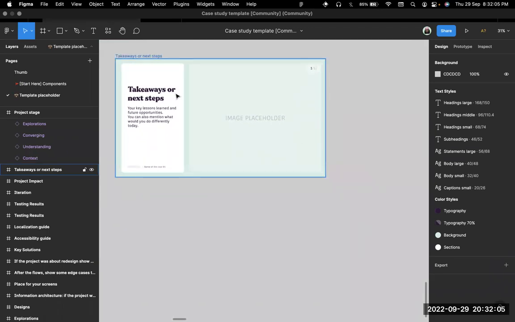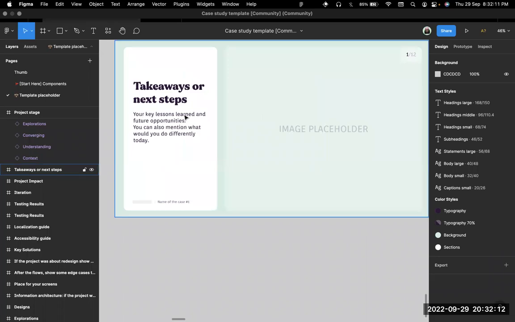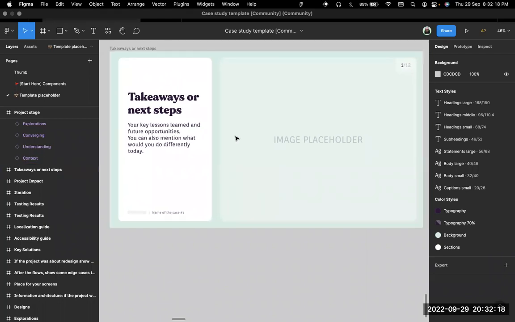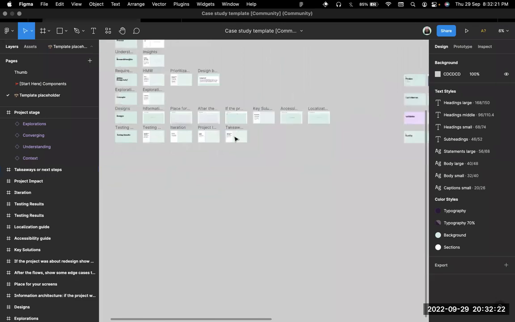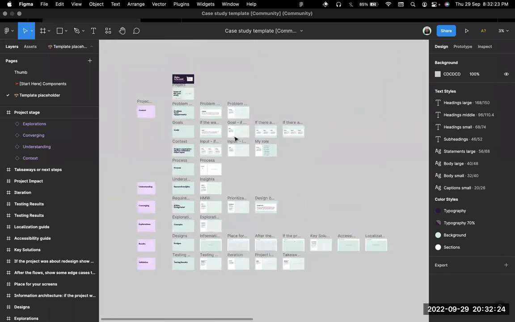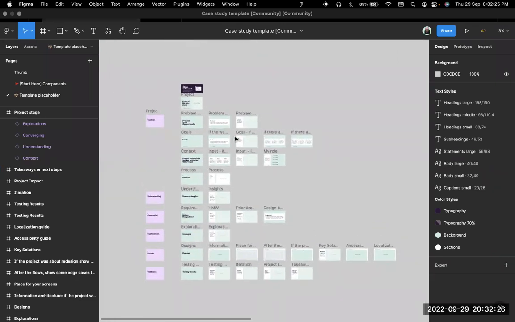Then finally, takeaways or next steps, right? Takeaways or next steps means the key lessons you've learned from what you've done, and also the future opportunities, looking at what you or the team have implemented at the end of the day. So a case study is actually something complex depending on the stage at which you're implementing it.